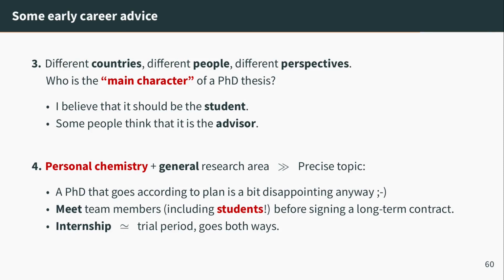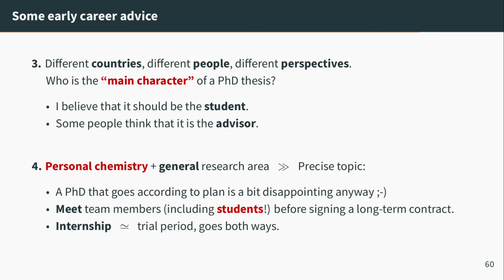But usually, a nice PhD is when you start with your PhD topic and then you realize something else. You find something unexpected, which is much more exciting than the original PhD topic, and then hopefully the team says, yeah, of course, go in this direction. It's a bit of a joke, but we say that a PhD that goes exactly according to plan is a bit disappointing, right?